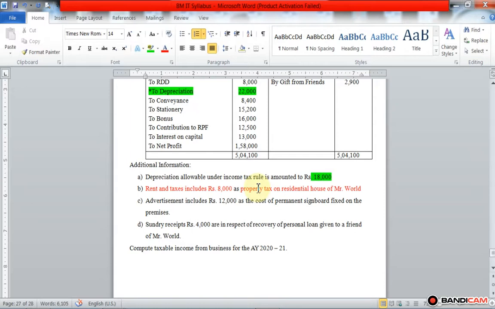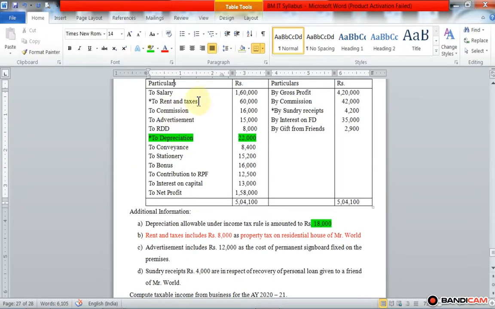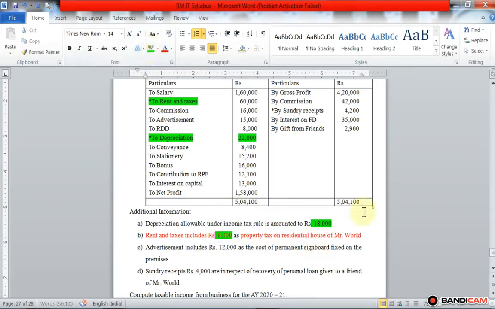So this expenditure is disallowed. In the profit and loss account, we already made a star in front of rent and taxes. That is 60,000, but out of 60,000, rupees 8,000 is property tax on the residential house of Mr. World. So this 8,000 is disallowed expenditure and is added to the net profit of the business.